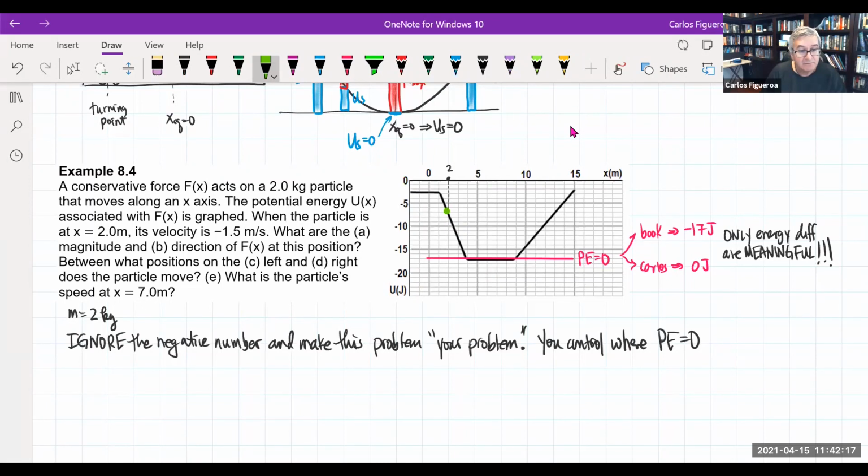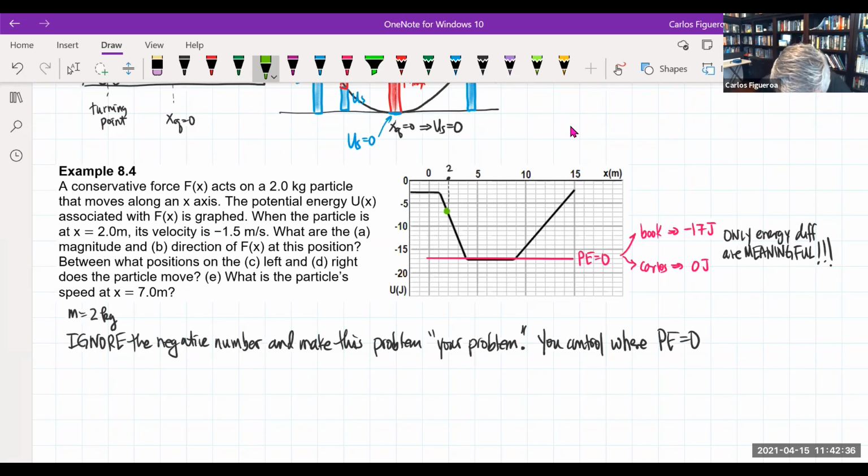So let's do a counting. Look at my 0 potential. What is the potential energy of this function relative to our 0 point? I've got to count.